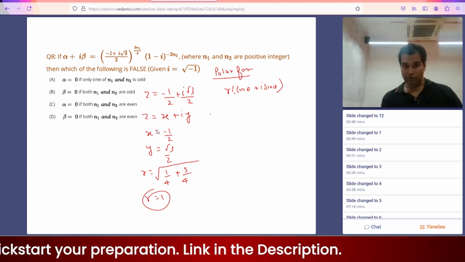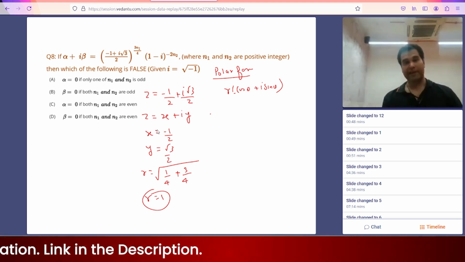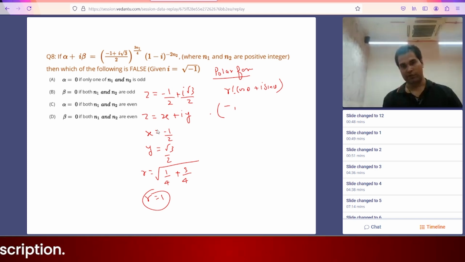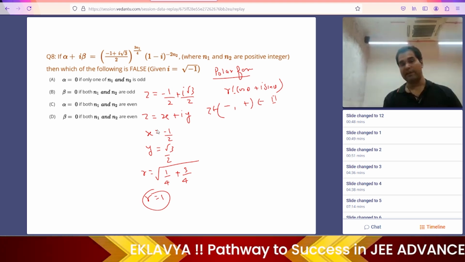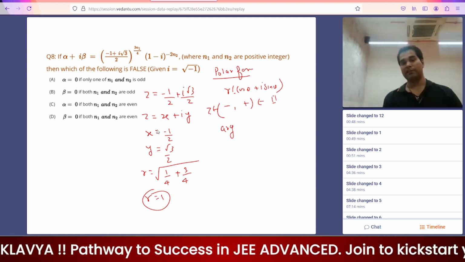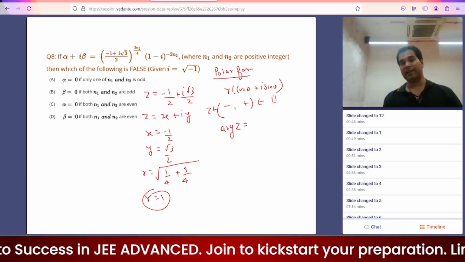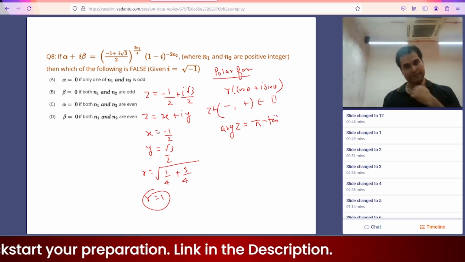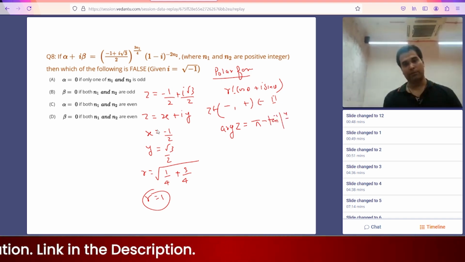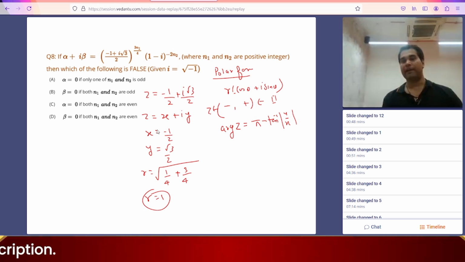And z belongs to the second quadrant, because minus and plus belong to the second quadrant. This means the argument of z equals pi minus tan inverse of the modulus of y by x.